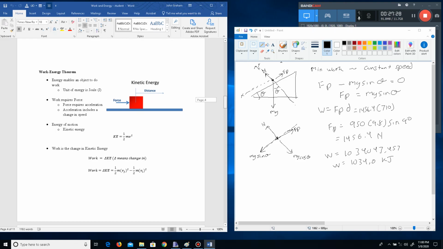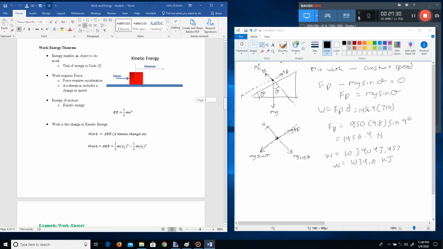So the next thing is where we start to relate energy. And it's going to be called the work energy theorem.